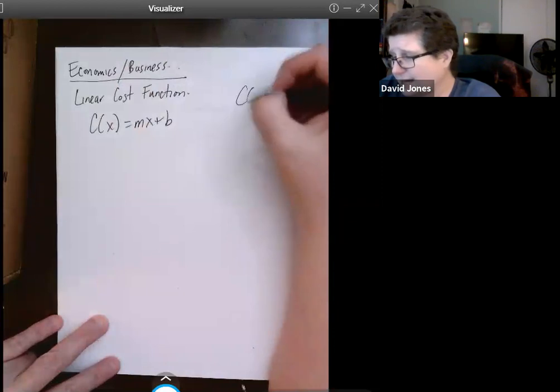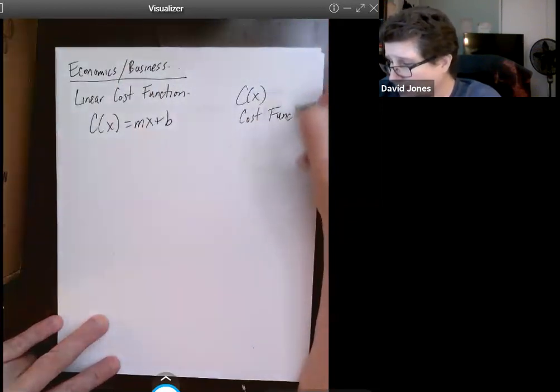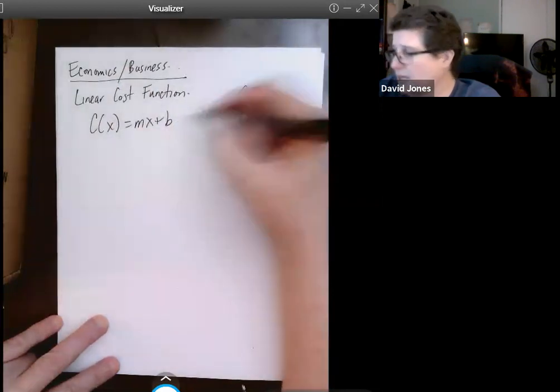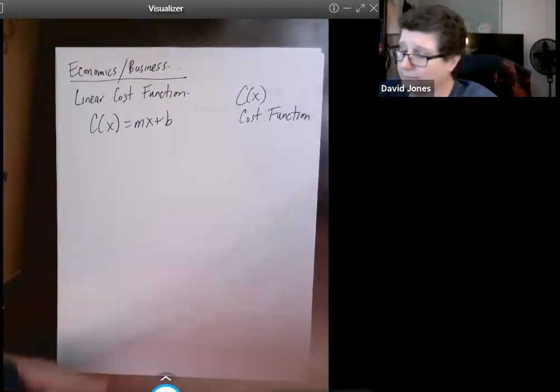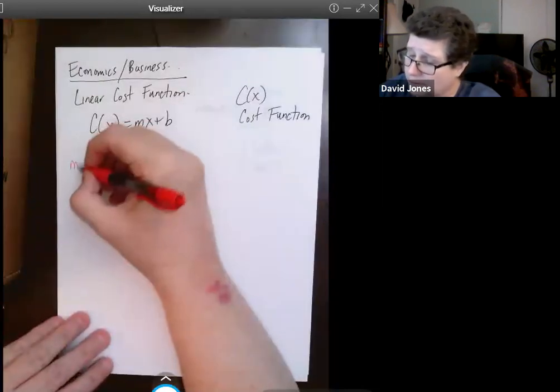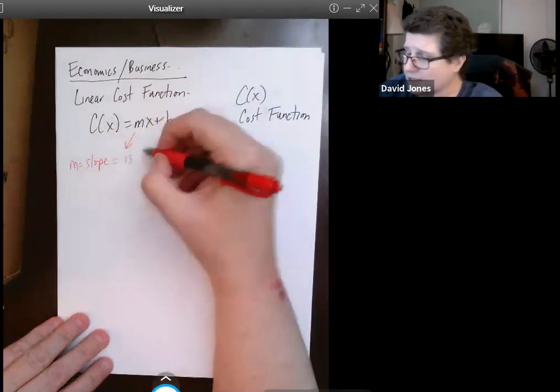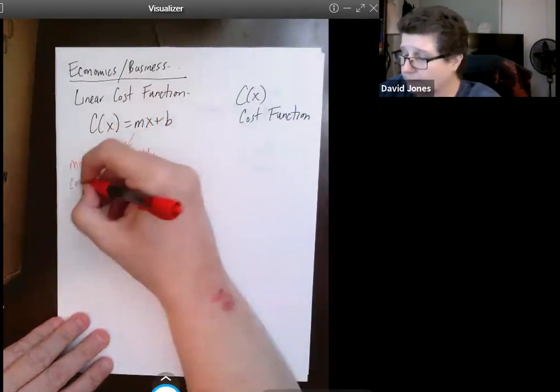So C of x says cost function. The mx plus b makes it linear. M, the slope, is the cost to produce one item.